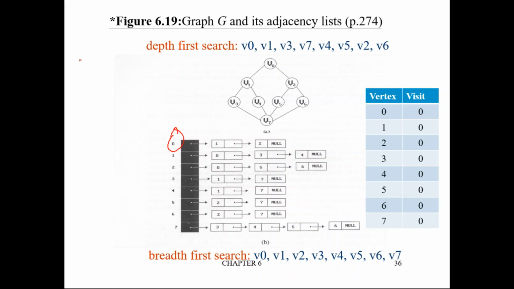The condition for full and empty will become the same. Because of that, we went to the concept of circular queue. But if you represent queue as a linked list, then that problem will not be there.